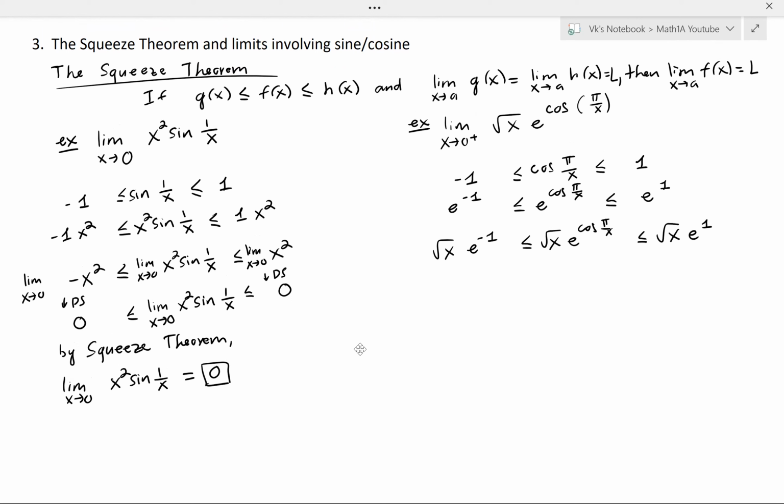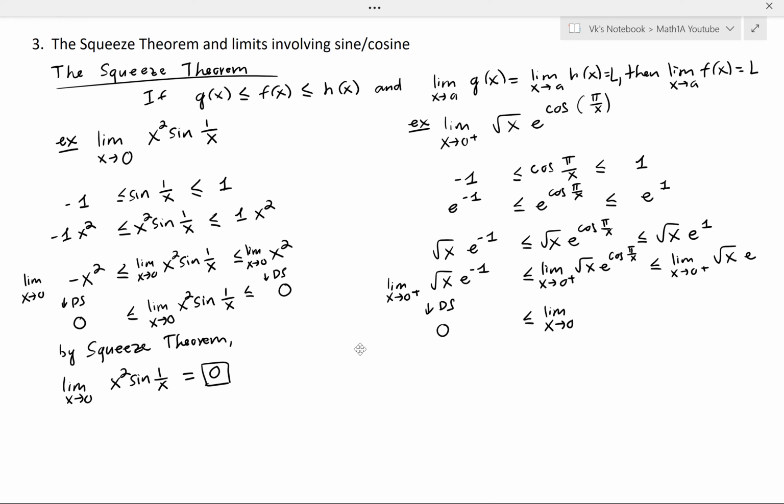And now we can take the limit. Limit as x approaches 0 from the right side of root x e to the -1, less than or equal to the limit as x approaches 0 from the right side of root x e to the cosine of pi over x, less than or equal to the limit as x approaches 0 from the right side of root x e. From the direct substitution, we get a root of 0 times a non-zero number. It's going to be 0.